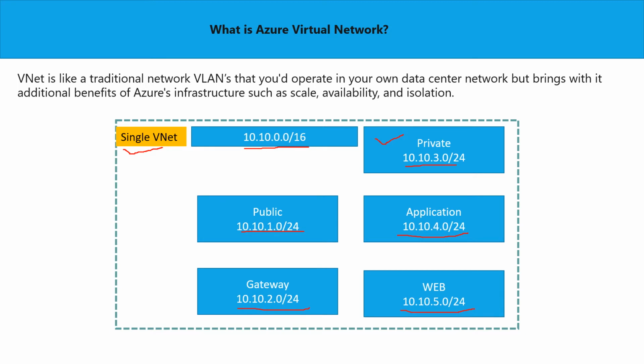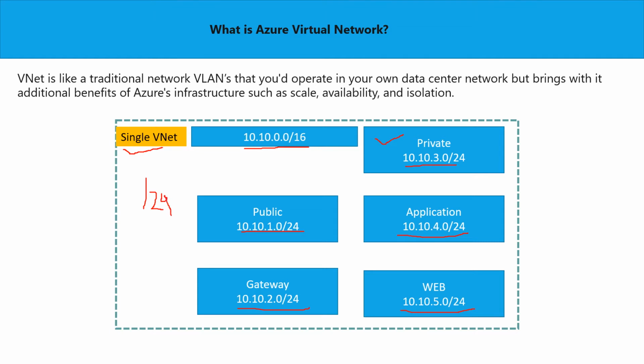These are all /24 subnets which I carved, but this is just my example. If you want to go for a bigger or smaller subnet, you can still do so as per your requirement. The smallest subnet you can go for is going to be /29.